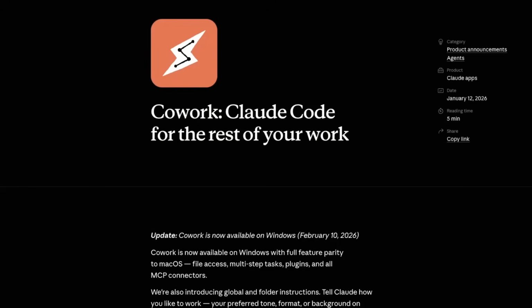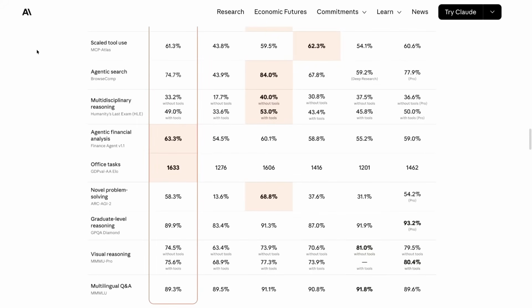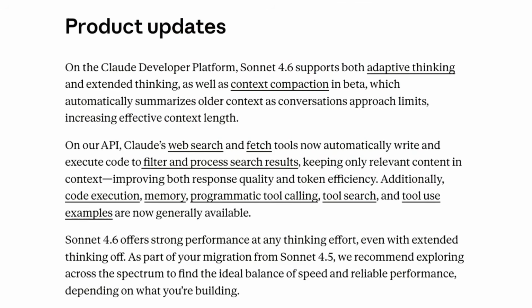Anthropic introduced Claude Cowork, which they describe as Claude code for the rest of your work. And this plays out when we look at the knowledge work benchmarks of office tasks and things like this, that this model is clearly being built for those kinds of tasks.